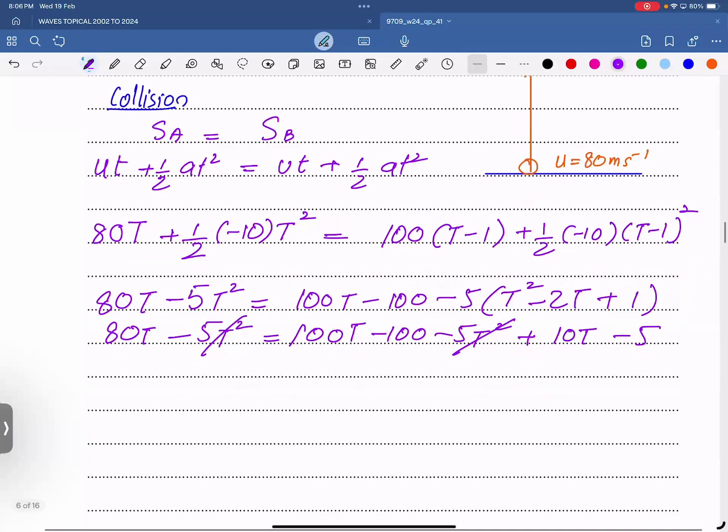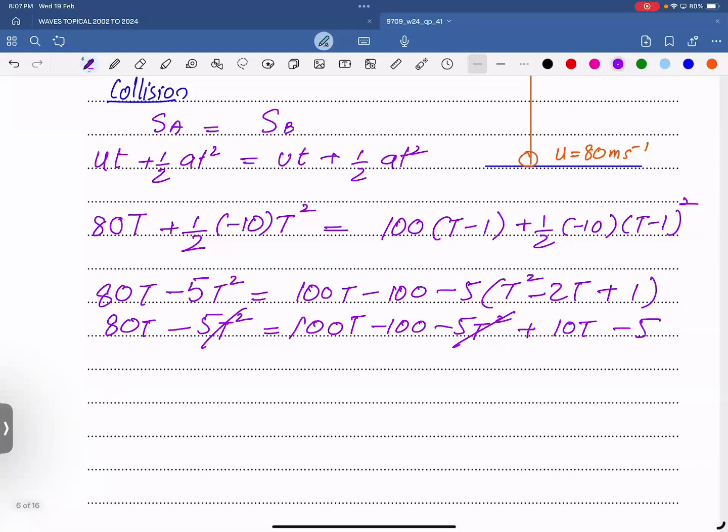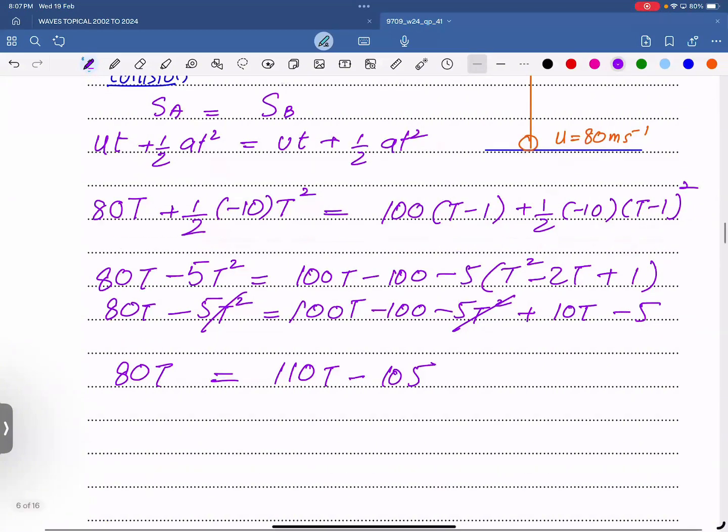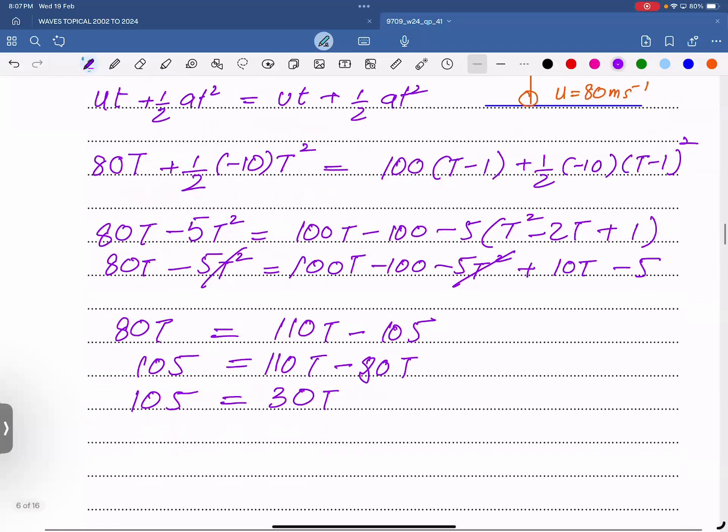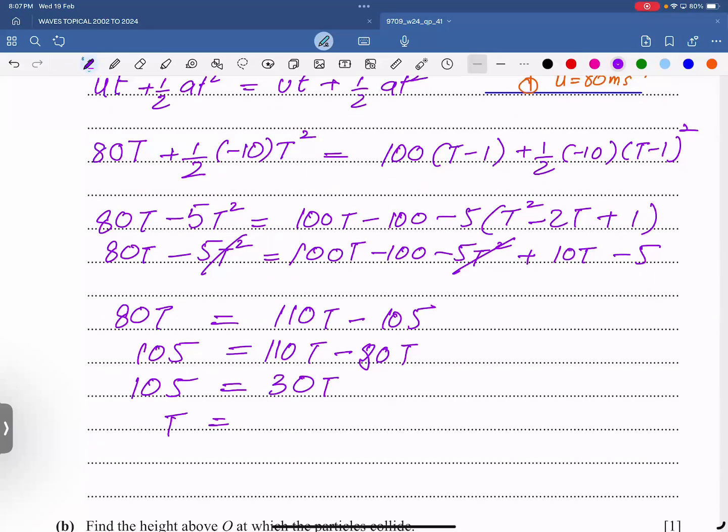The 5t square cancels from both sides. So I will simplify the right side first: 100t plus 10t is 110t, minus 105. We will solve this equation further. 105 will be 110t minus 80t. So 105 equals 30t. 105 divided by 30 is 3.5.